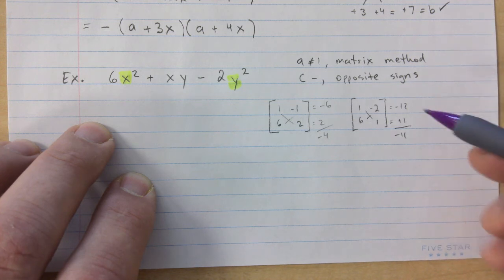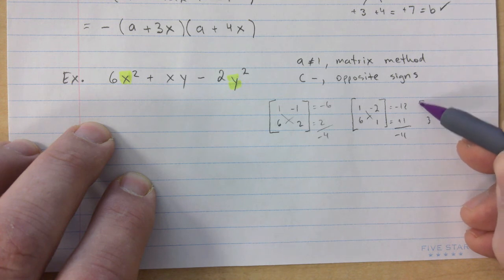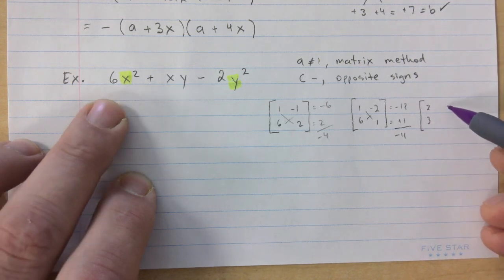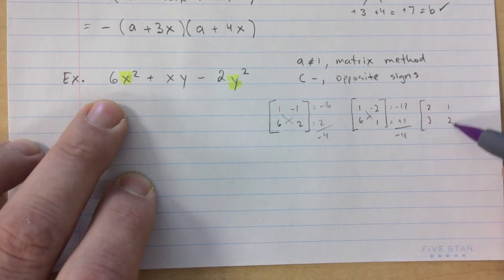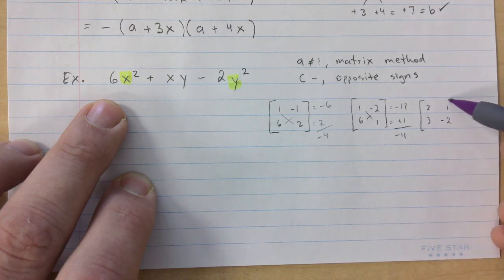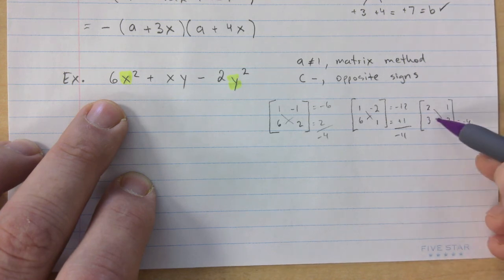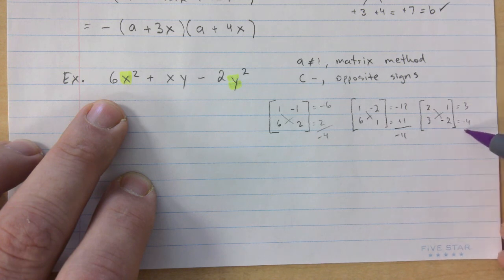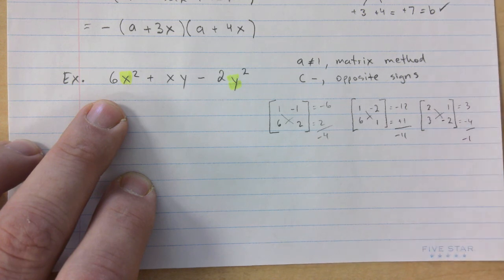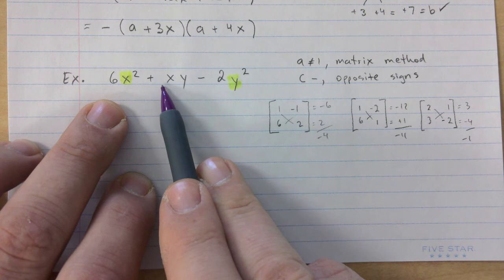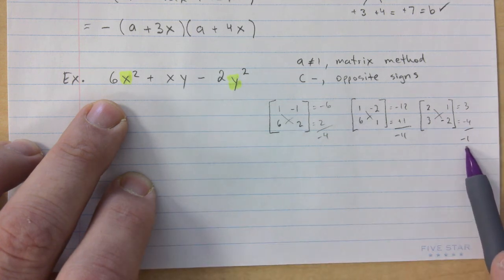Okay, so now I'm going to resort to 2, 3 and 1, 2, right? I'm going to go back to 1, 2. And I'm going to make this one negative. Because if you're already looking at the big picture, right? There's -4, and this is 3. That adds up to -1. Close, close, but not quite. The sign is off.